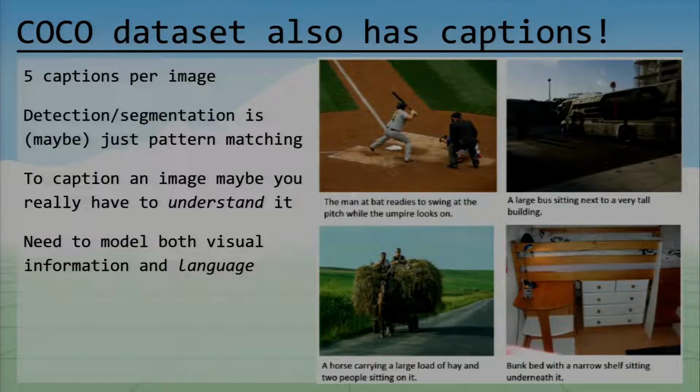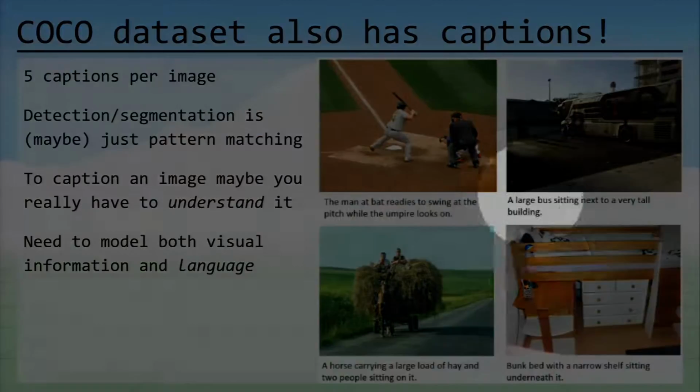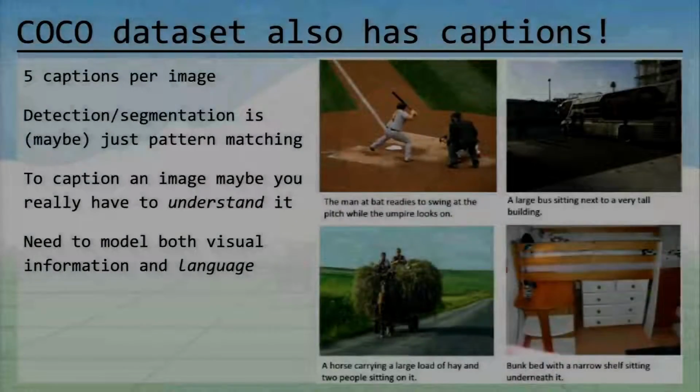If you want to find a car, you're just looking for some pattern of pixels that looks like a car. Or if you want to find a bike, you're looking for some pattern of pixels that looks like a bike. But for example, in this image here, there's no pitcher and there's no ball getting thrown to the batter or anything.